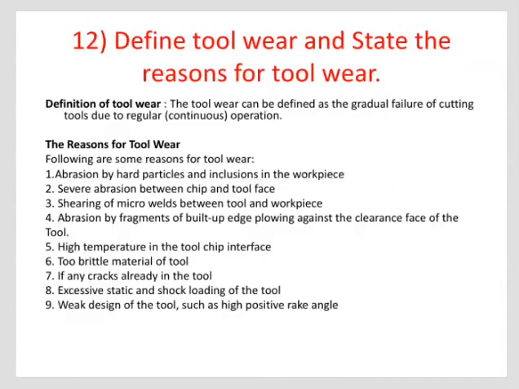The next is: define tool wear and state the reasons for tool wear. Here tool wear can be defined as the gradual failure of cutting tools due to regular operation.